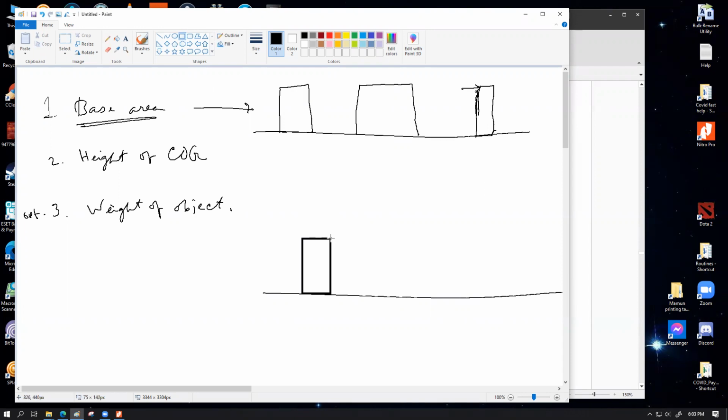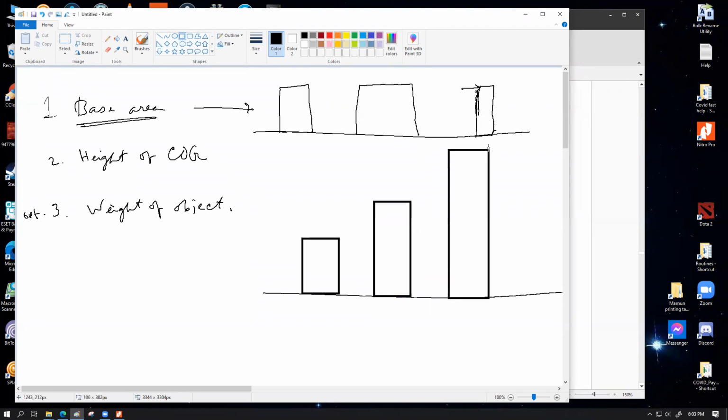Let's say one is of this height, then one of this height, and another one of maybe that much height. So I have tried to draw objects which have approximately the same base area, but the height of the COG point is different.